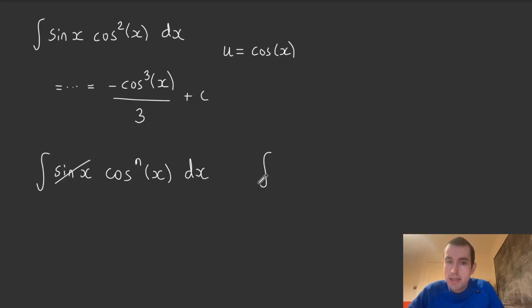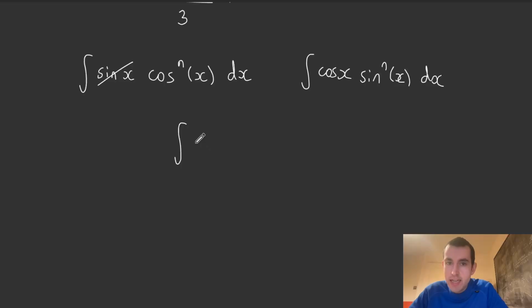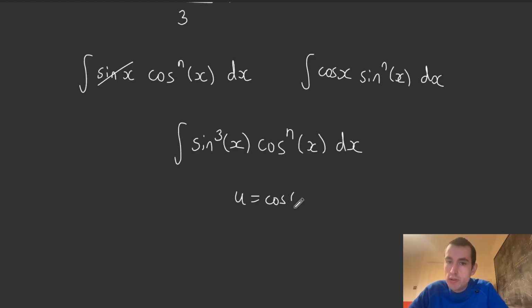And similarly, it's cos x times sine to a power. It gives you the same result, but this time the substitution that you have to make will be u is equal to sine of x instead. If you've got sine or cos to an odd power like 3, and then you've got the other function to any power, I'll just call it n, you can use that same substitution, u is equal to cos of x, whatever is to the bigger power.